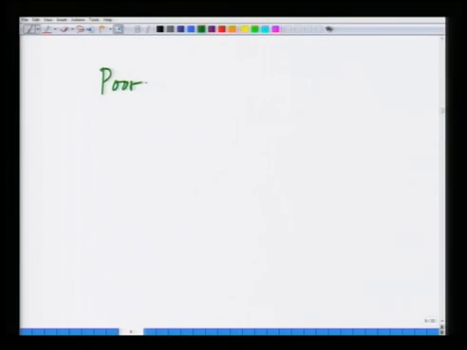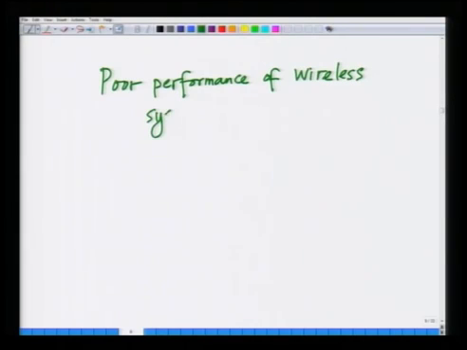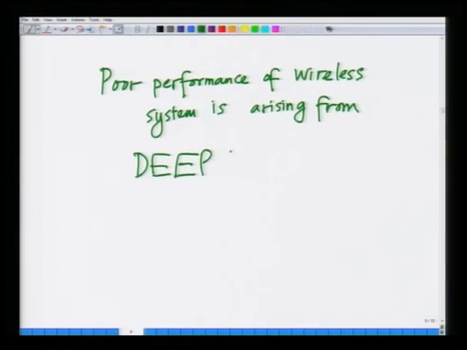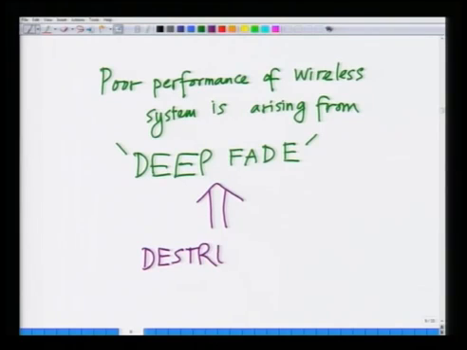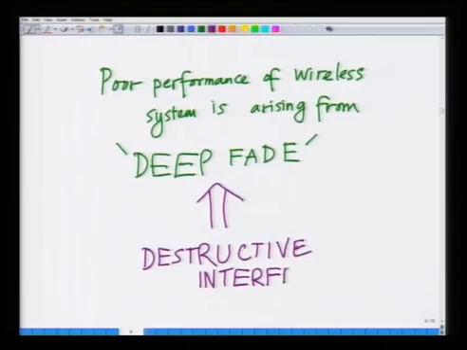The poor performance of a wireless system is arising from the deep fade, that is, the channel fading coefficient A is less than 1 over square root of SNR, and this is in turn arising from the destructive interference in the wireless communication channel.